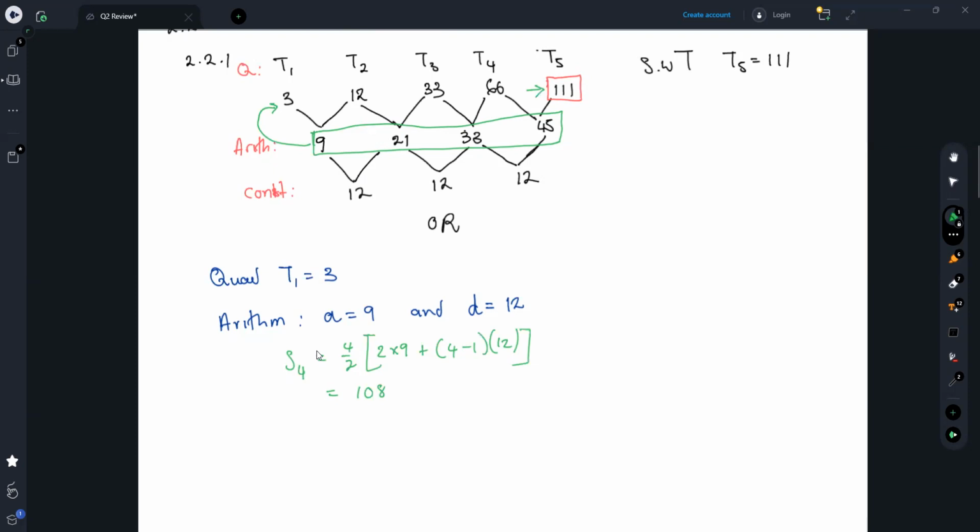So now when I say T5 is equals to T1 plus S4 of the arithmetic series there, look at this beauty here. 3 plus 108 indeed gives you 111. Boom.